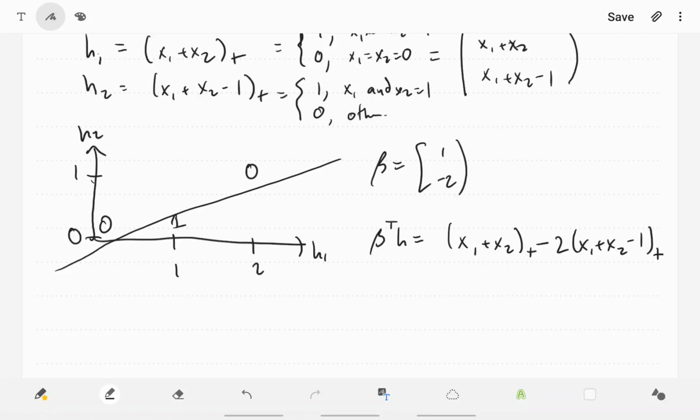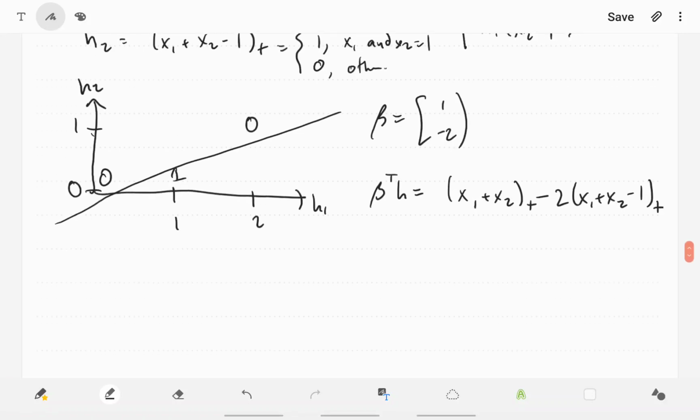Of course, this is h1 minus 2h2. So now this is just a single number.